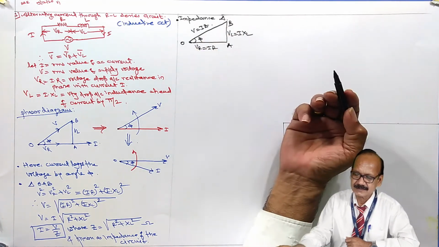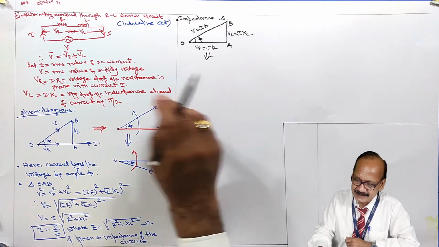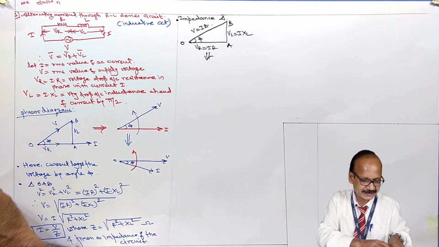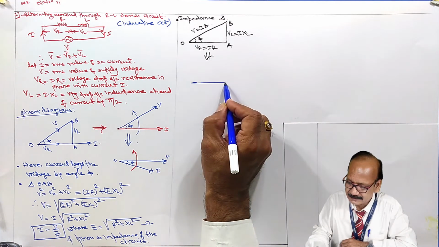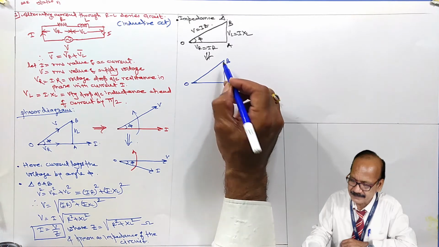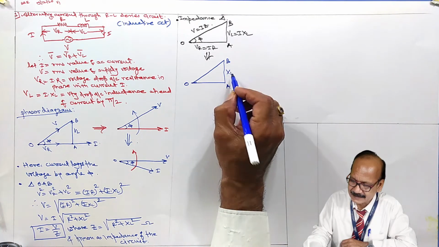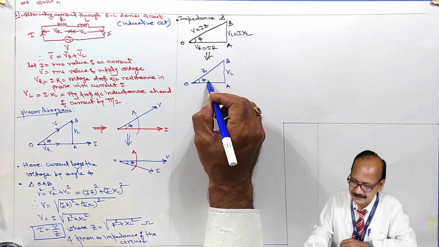Now the current is common everywhere, and therefore the remainder is the impedance triangle, that is OAB. This is X_L, this is R, this is Z, angle is phi.